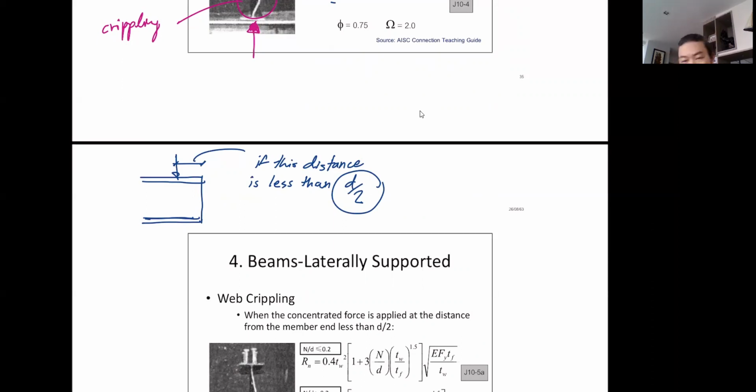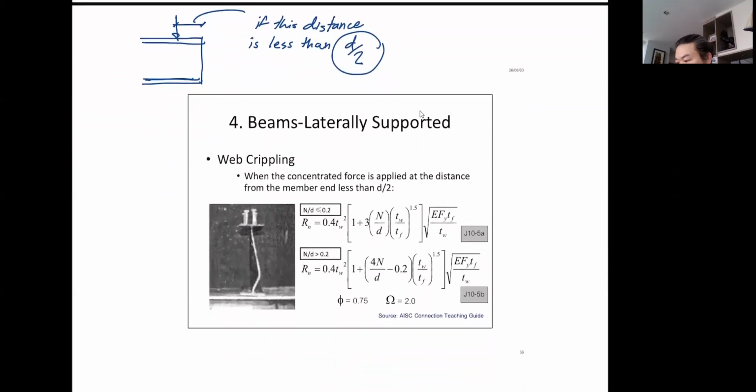But if it's within, like the support reaction that we had, we now have to consider slightly further with two cases. Now you have to check the ratio of the end distance, or the LC, over the depth of the beam. If it's less than 0.2, you use this formula. If it's greater than 0.2, you use another one. So that must be the issue with the curve fitting as well.